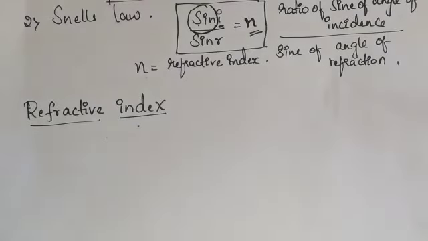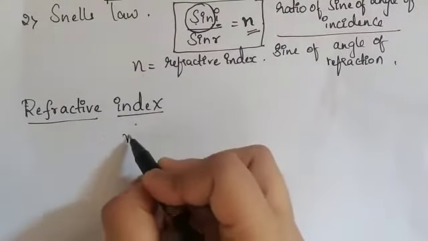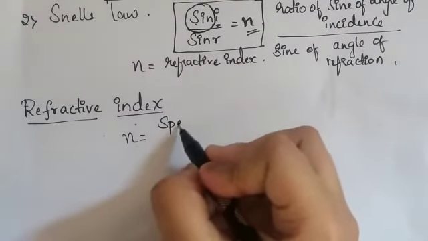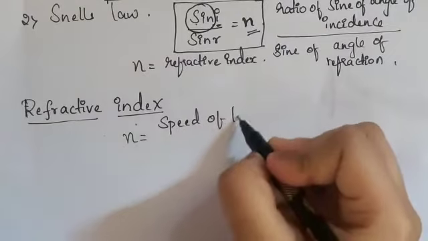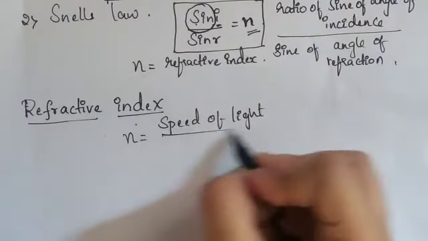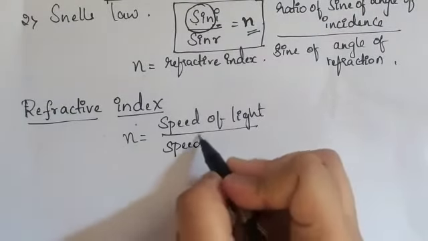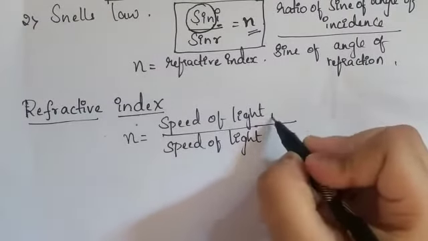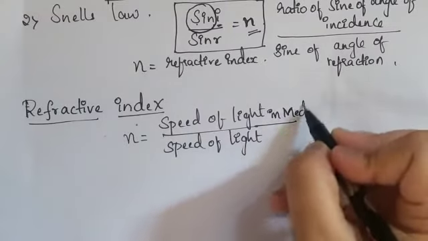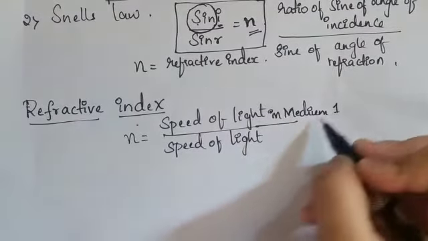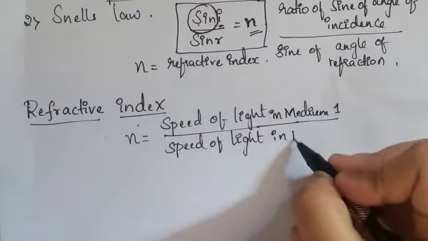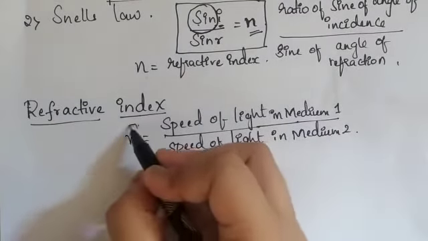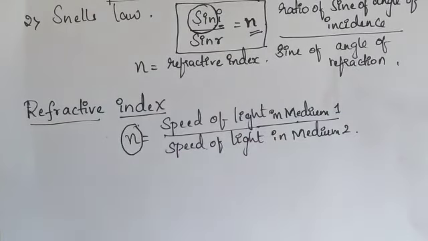So refractive index, which we denote by n, is nothing but the speed of light in one medium divided by the speed of light in another medium. I can write speed of light in medium 1 divided by speed of light in medium 2. That means the refractive index depends upon the speed of light.